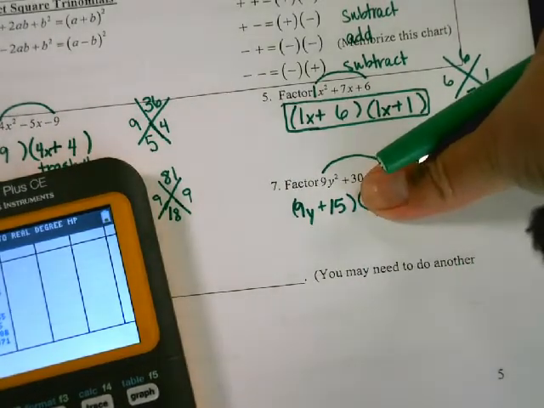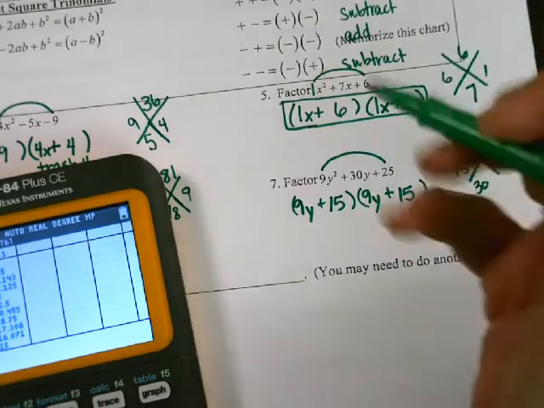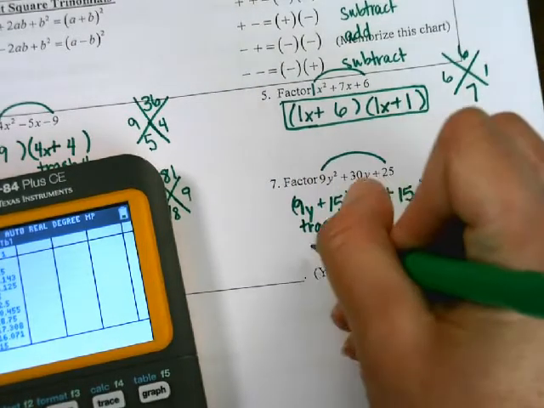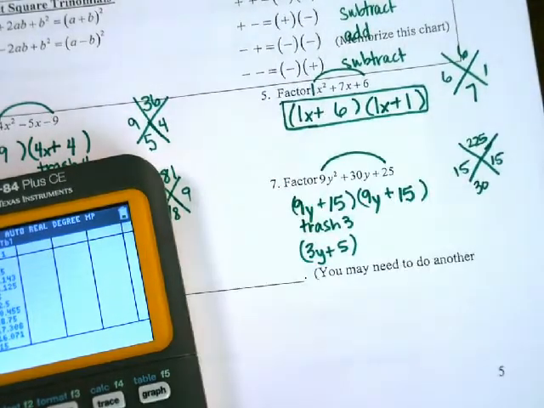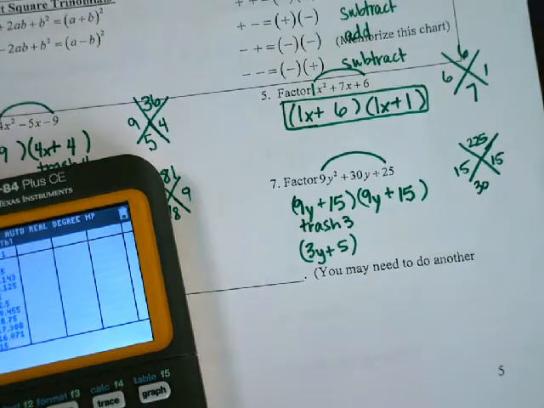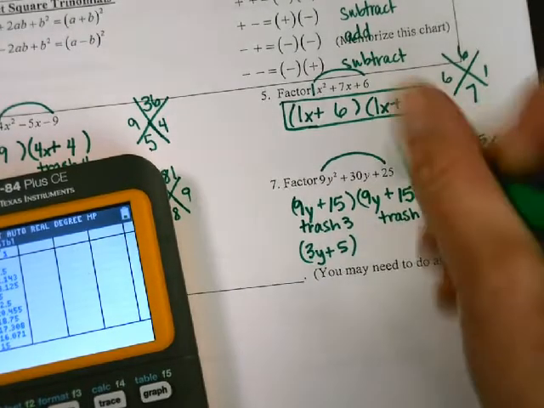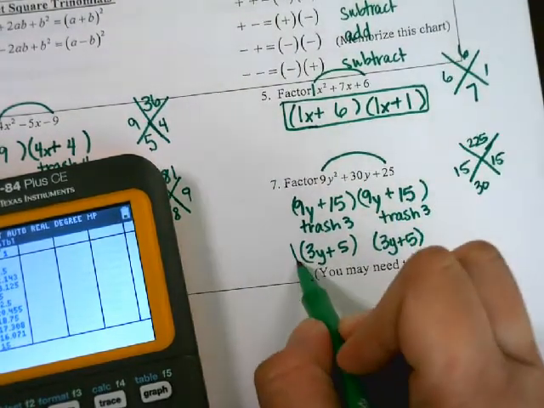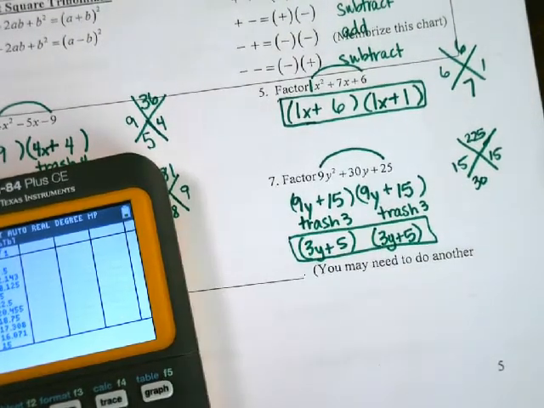Do 9 and 15 have anything in common? 3, yeah, let's divide everybody by 3 and throw it in the trash. So I get 3y plus 5. And then I have to do it out of this guy too. Again, you could write that as 3y plus 5 quantity squared if you want.